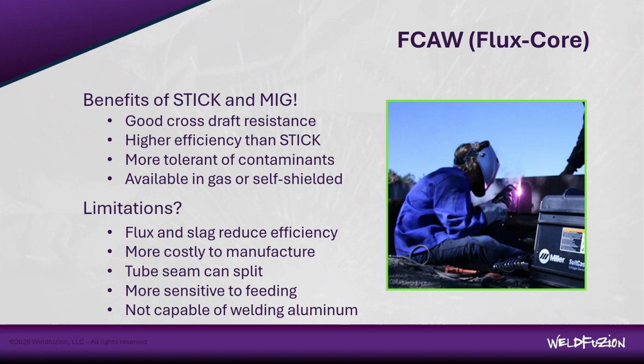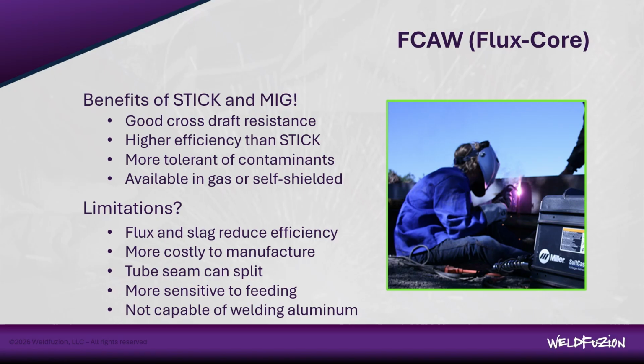Flux core arc welding solves the problem of MIG welding outdoors or on dirty metal, which neither MIG or TIG like very much. Imagine turning a stick electrode inside out, so the flux was inside, and then spooling it up on a wire. Well, that's flux core.